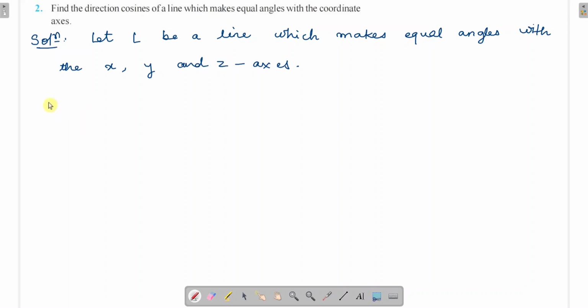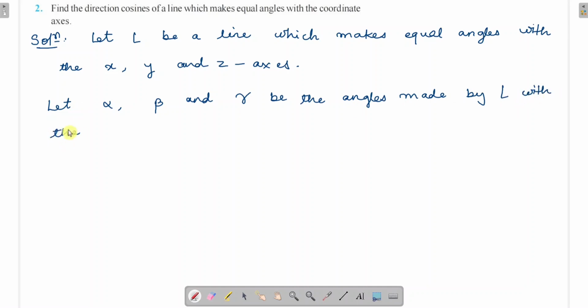Okay, now what we will consider is angles made by line L with the x, y and z axis. So let alpha, beta and gamma be the angles made by L with the x, y and z axis.